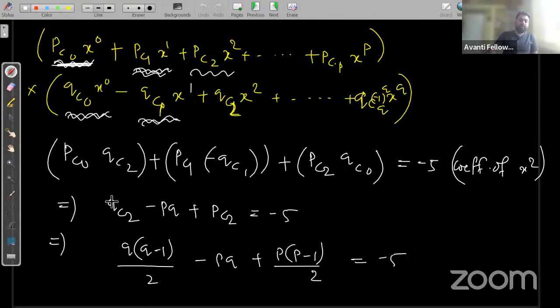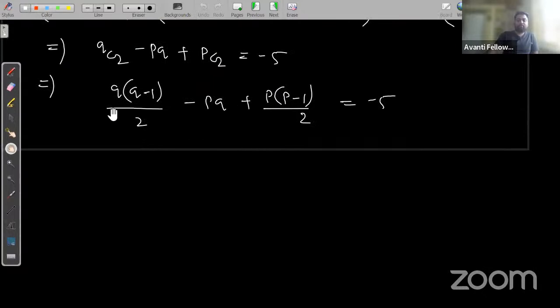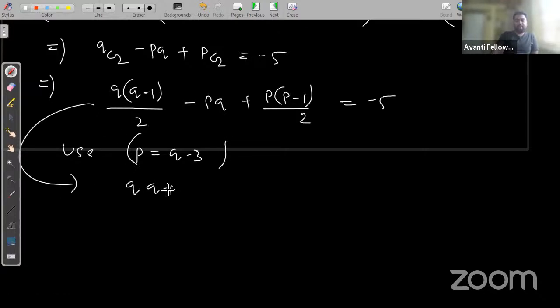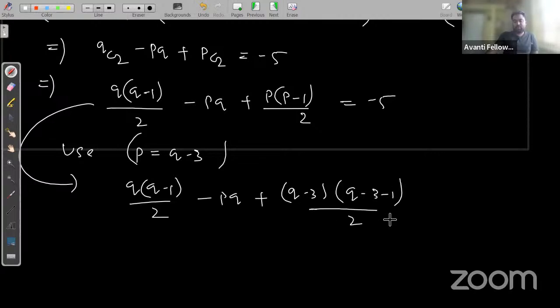So here if we use P is equal to Q minus 3, then this becomes Q into Q minus 1 upon 2 minus PQ plus Q minus 3 into Q minus 3 minus 1 upon 2 is equal to minus 5.